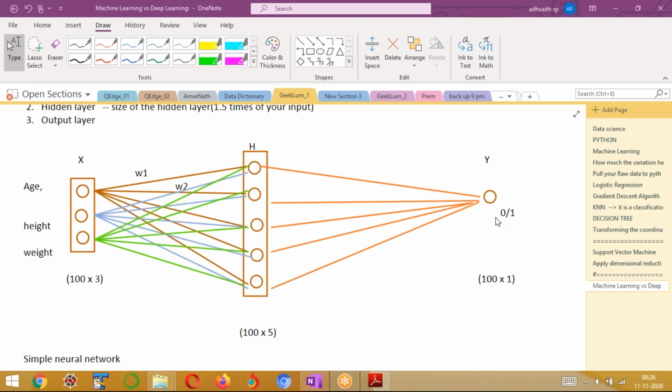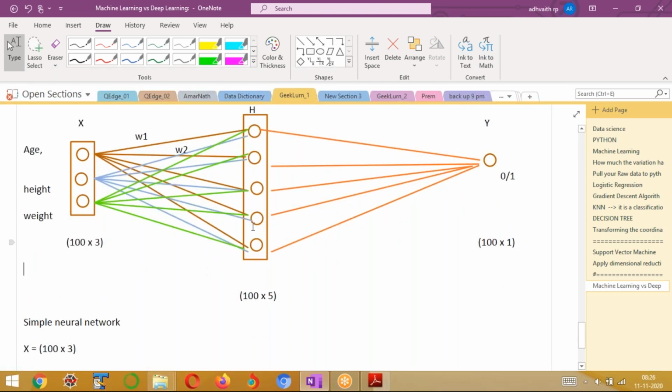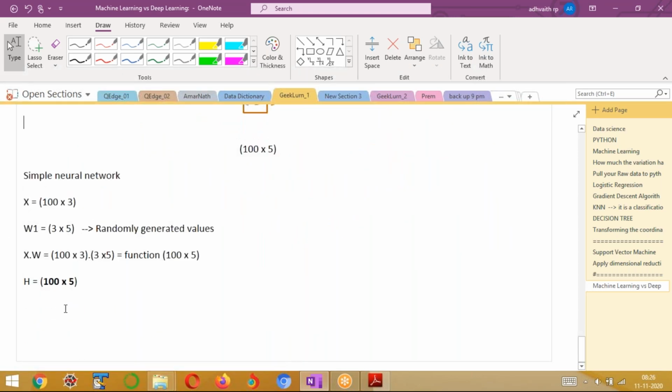Clear? Very good. Now this left side portion is over. Now what is your input here? My hidden layer construction becomes the input. Now this becomes an input layer for what?